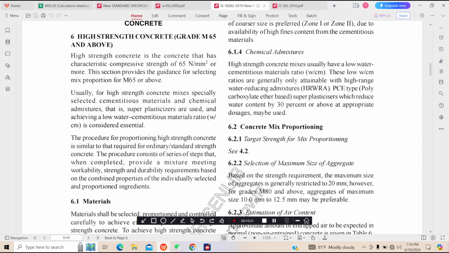These low water cementitious ratios are generally only attainable with high range water reducing admixture. PCE type superplasticizer which reduces water content by 30% or above at appropriate dosage may be used. Here we can clearly see that if we use the high range admixture, then we can reduce the water content by 30% or above.